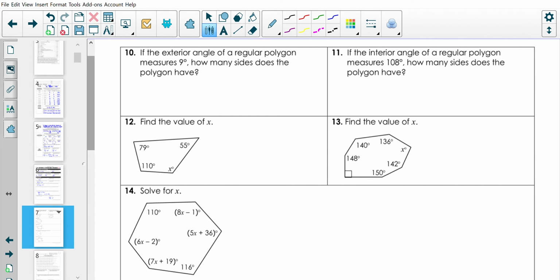So 180 minus 108 is 72. And I can find my number of sides by using the fact that all exterior angles total 360. So 360 divided by my exterior angle measure tells me how many angles there are. There are 5 sides.